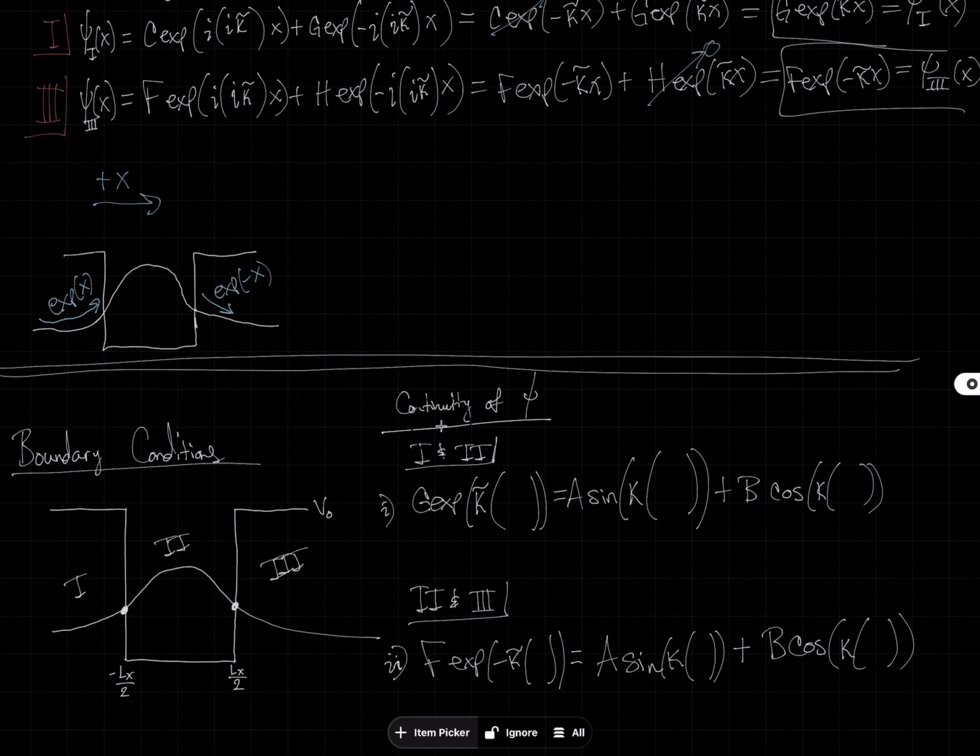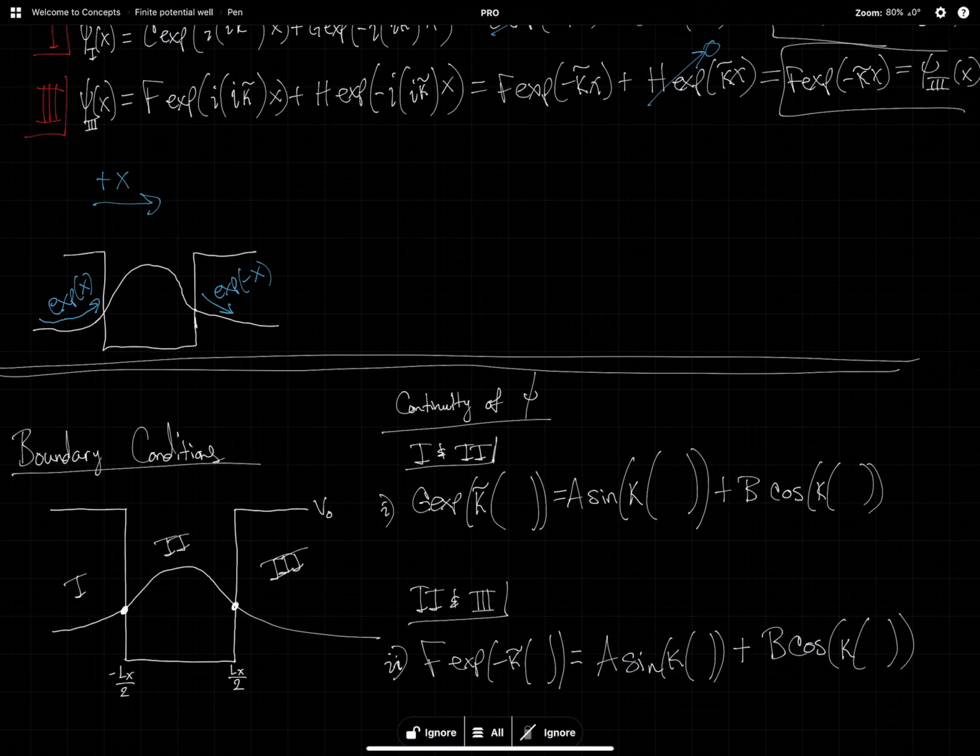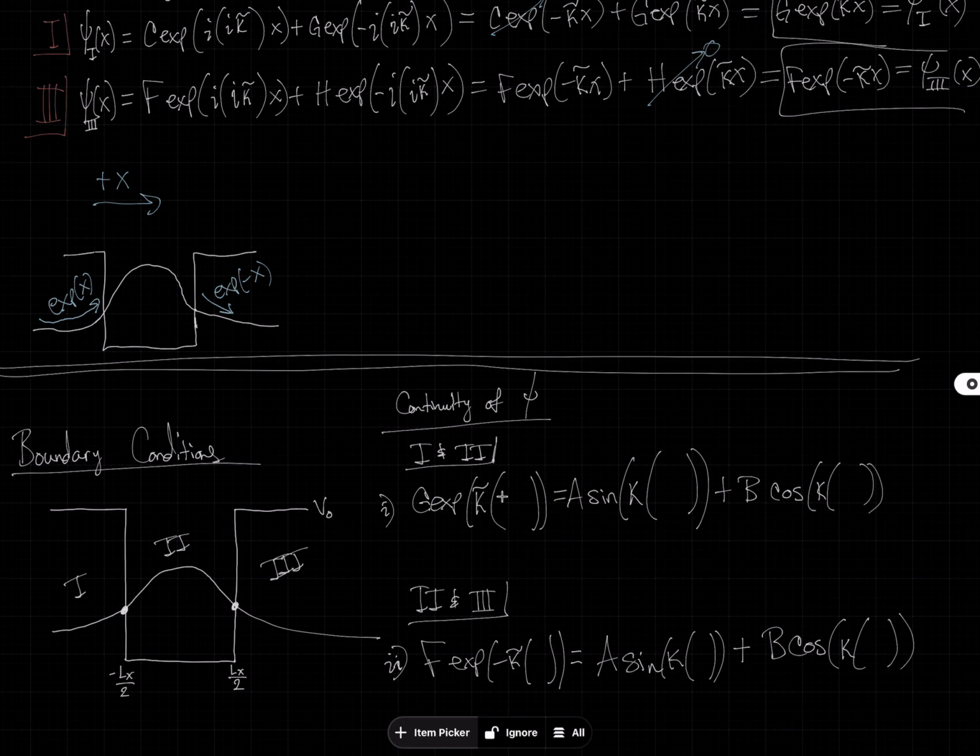So we're presuming continuity of psi, and continuity of psi means that regions 1 and 2 are equal to one another at this boundary, at minus Lx over 2. I've written down the solution to the left-hand side, psi 1, over here, and this is equal to psi 2.